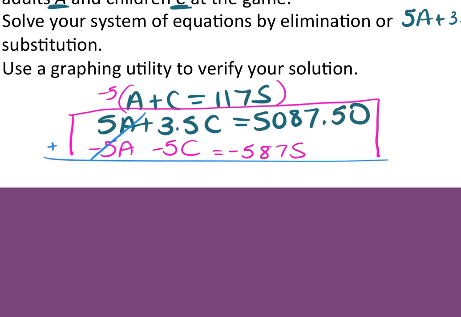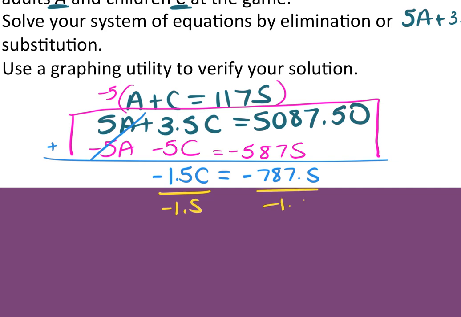I get the A's to cancel. -1.5C equals 5875 minus 5087.5, which is -787.5. Now these are both negative, which makes sense. If one was negative, one's positive, that's a problem, right? You can't sell a negative amount of tickets.